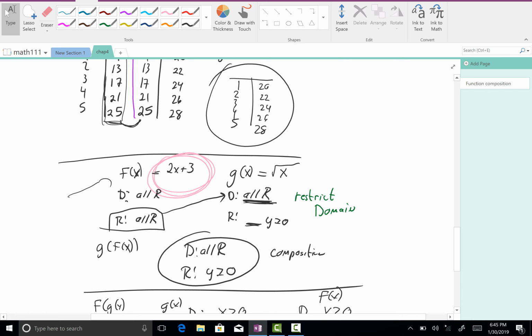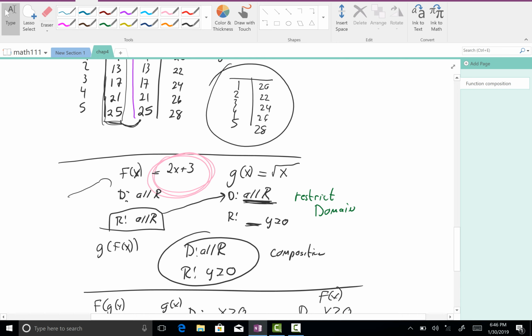Here's the red one, that's the line. Here's the blue, that's the square root. And then here's the composition of that. So I took this one and put it inside of there.